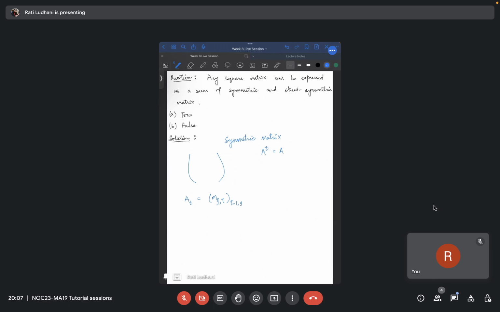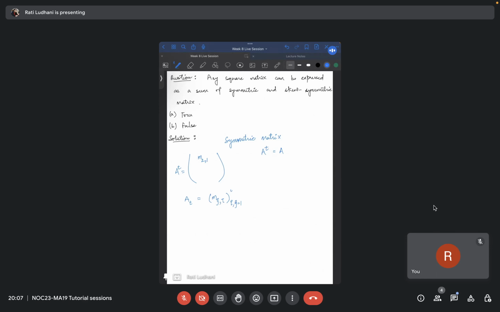So this might be confusing, but this will be M21. In A transpose you have M21, and just your rows and columns have been switched. So i and j go from 1 to 4.